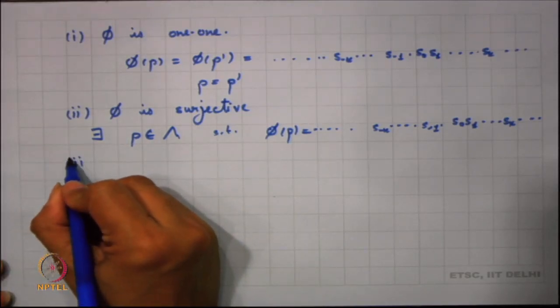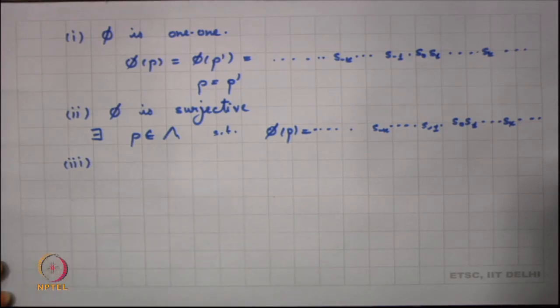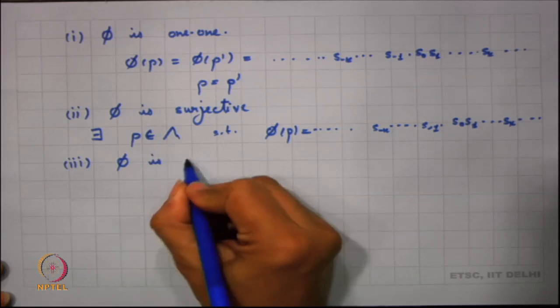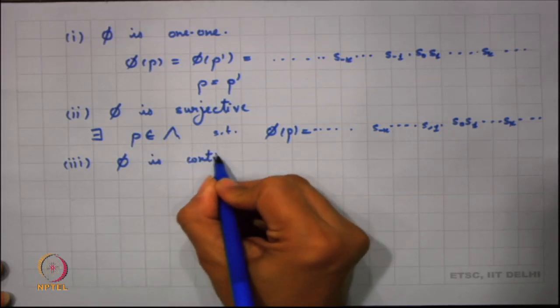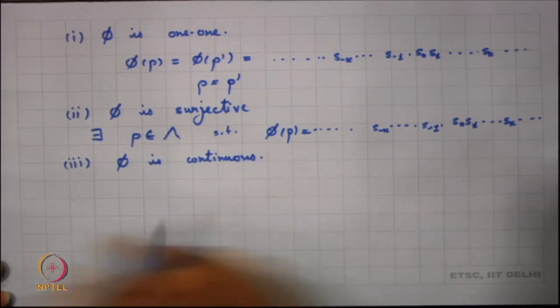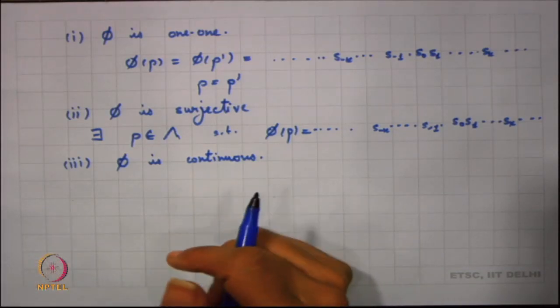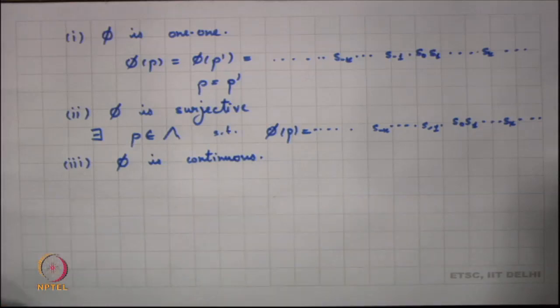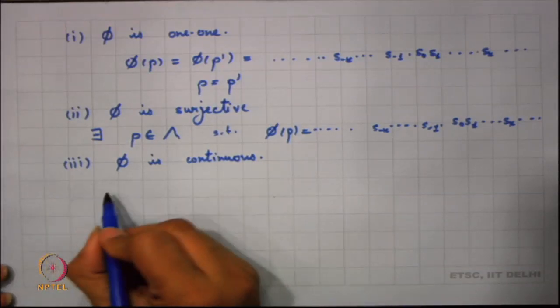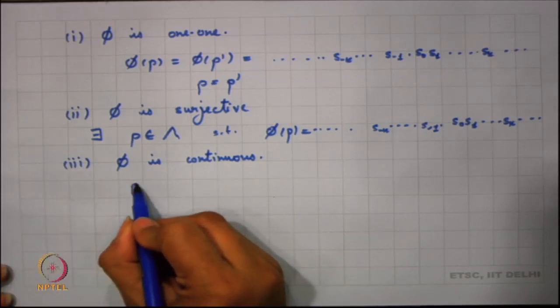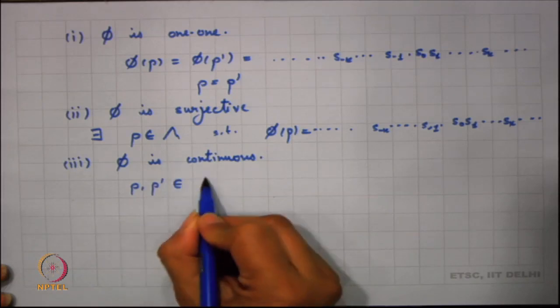A little involved part would be to see that this is continuous. So, we want to say that phi is continuous, and in order to see that phi is continuous, all we need to look into is what happens if I say that there exist points p and p prime belonging to lambda.